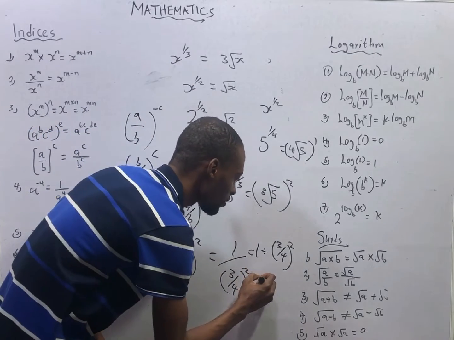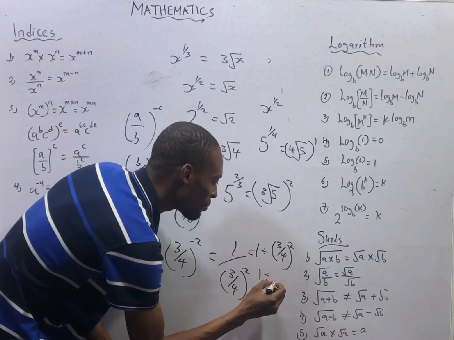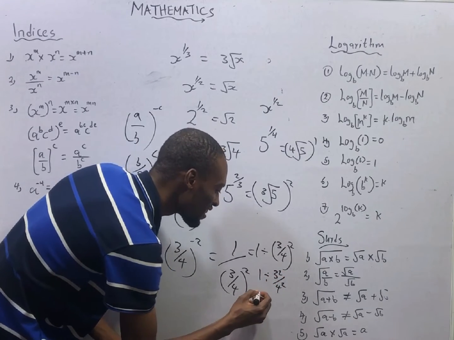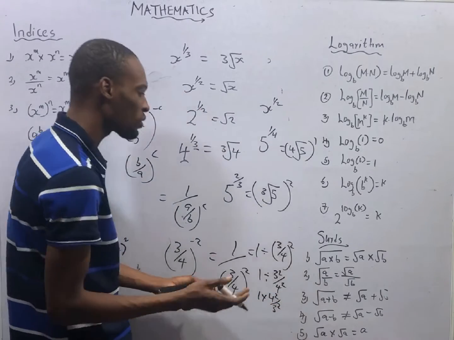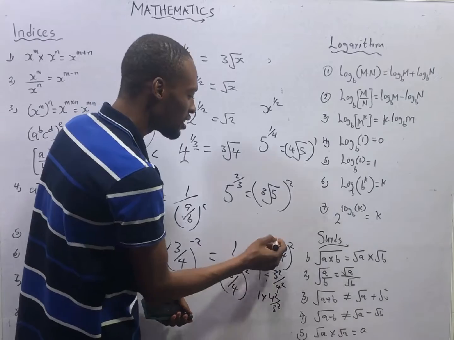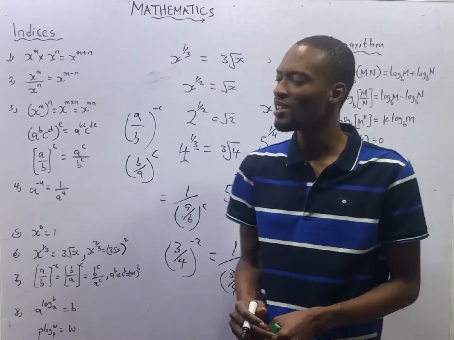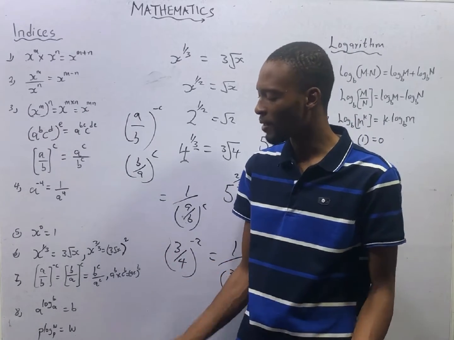So this is the same thing as 1 divided by 3 squared over 4 squared, which is 1 times 4 squared over 3 squared. That is 4 squared over 3 squared, and that is the same thing as 4 over 3 squared. Indices is also interesting, and these are the basic rules you need to enjoy mathematics.